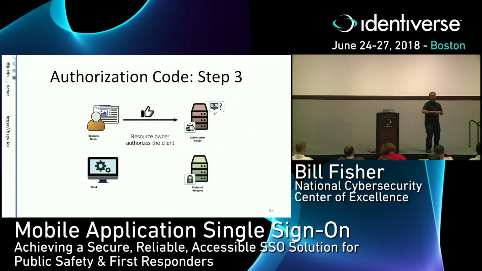We went and got our token. We went and started using our token. The user could wander off. The user could go get eaten by an alligator. We don't care. We've got an access token. We're good. That type of offline access is one of the original goals of the OAuth protocol, because you don't want to have the user constantly there in order to access APIs on their behalf.